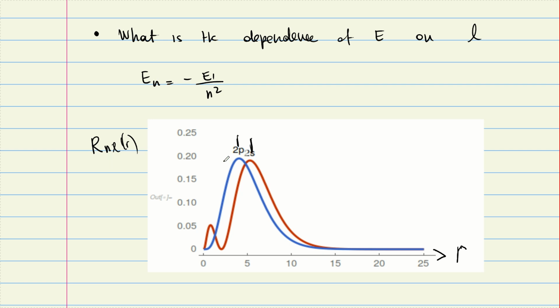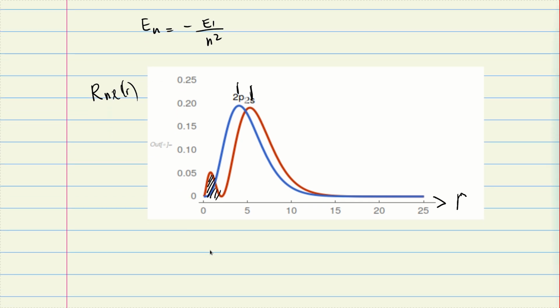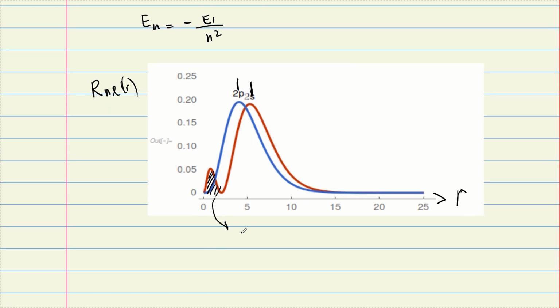But that's not the case, because you can see this little peak inside. We are going to say that this 2s leaks inside the nucleus more than 2p.